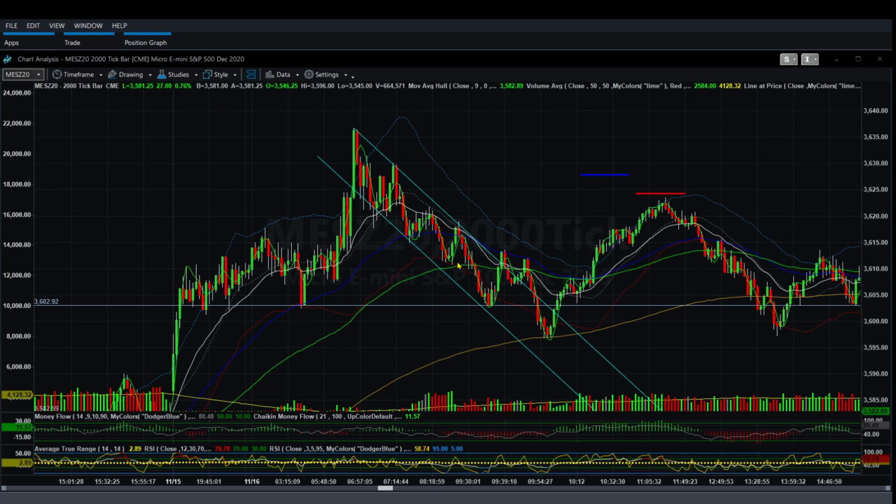At this point, when it goes through, I use the Fibonacci price extension levels from the highest point where it closed outside here to the lowest point there.